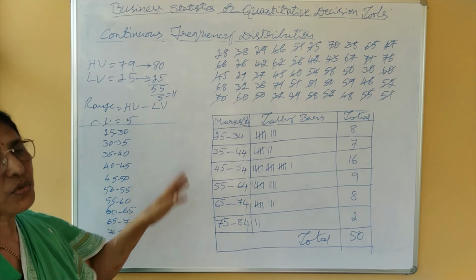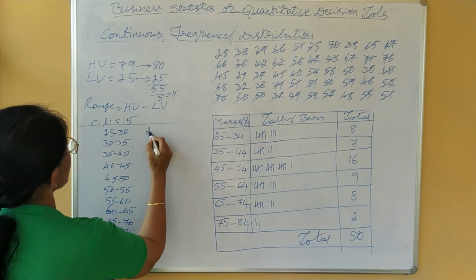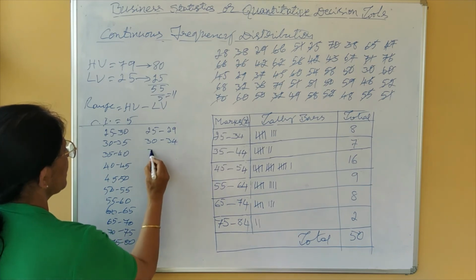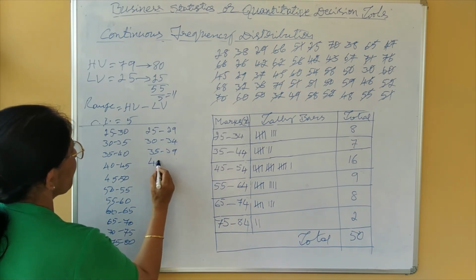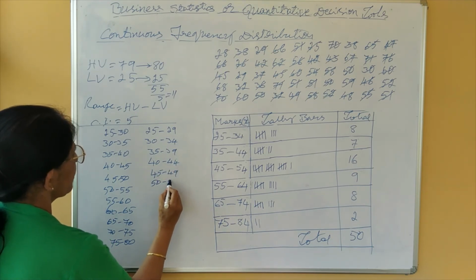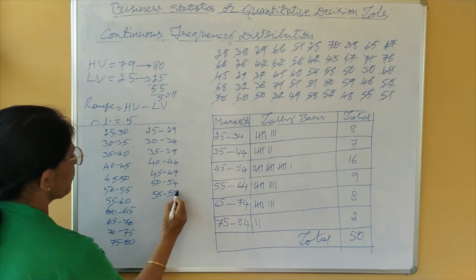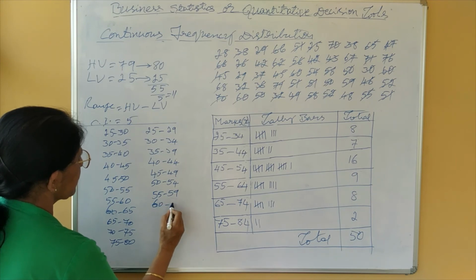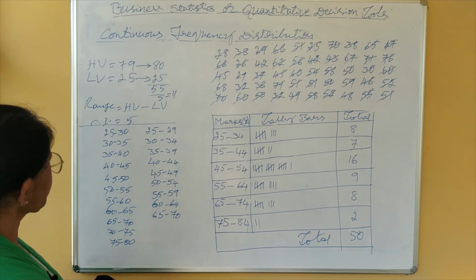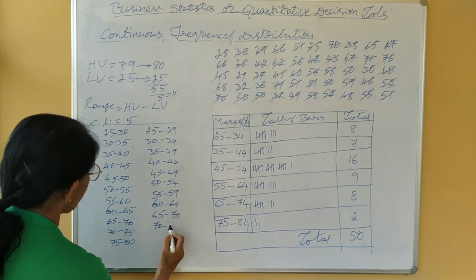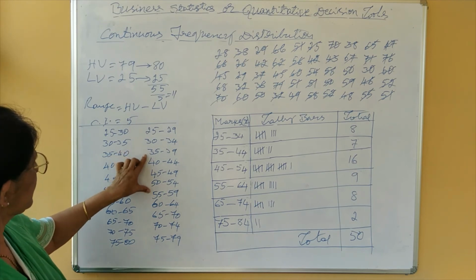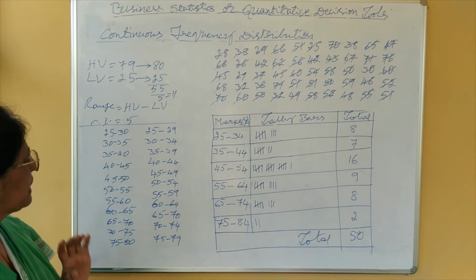Now, if you take a class interval of 5, how do you form it under the inclusive method? The classes are 25 to 29, 30 to 34, 35 to 39, 40 to 44, 45 to 49, 50 to 54, 55 to 59, 60 to 64, 65 to 69, 70 to 74, 75 to 79: 3, 6, 9, 11.